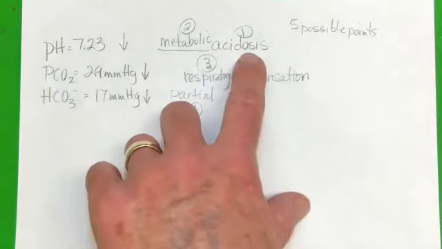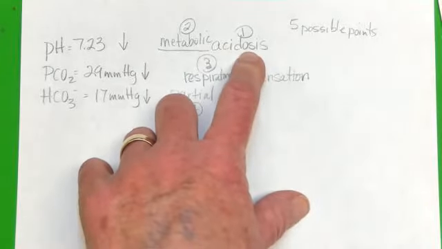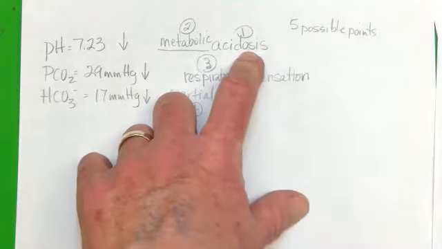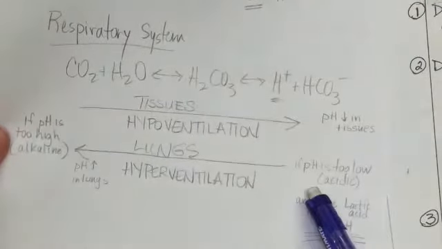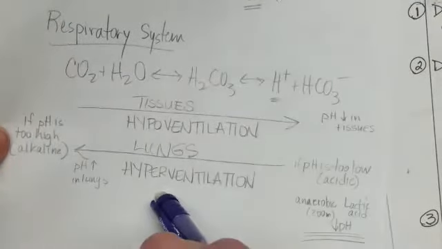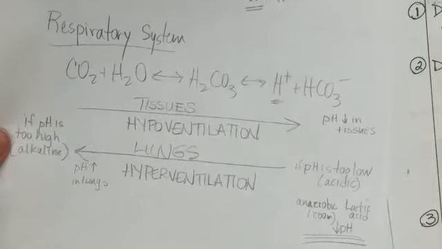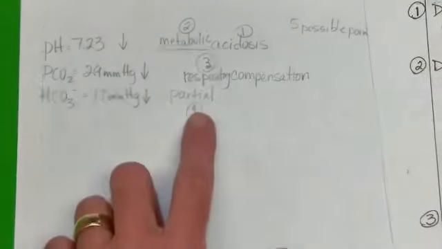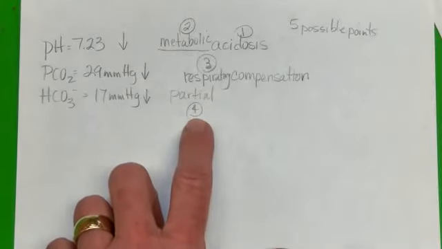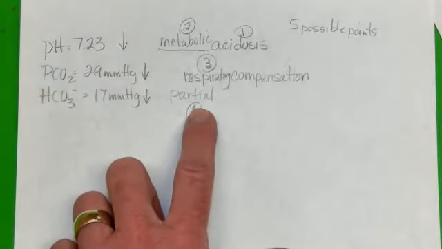And is hyperventilation the compensation for, where's that sheet? When my pH is too low, do I hyperventilate? Well, let's go back to here. If my pH is too low, I hyperventilate. Yes, so I know that I'm trying to fix the problem. I just haven't completely fixed the problem, so it's partial compensation.